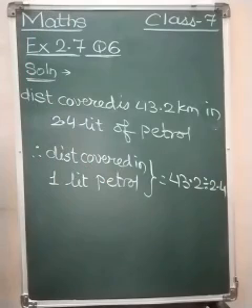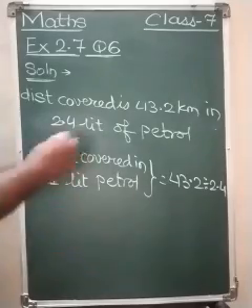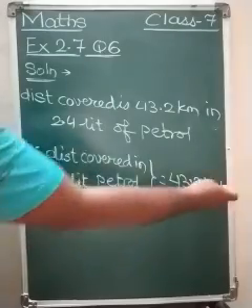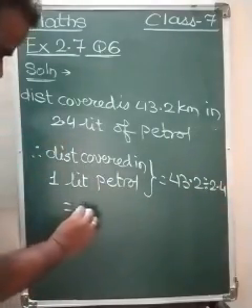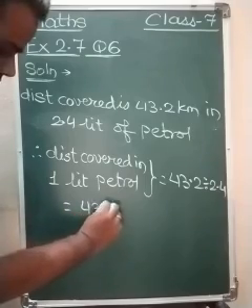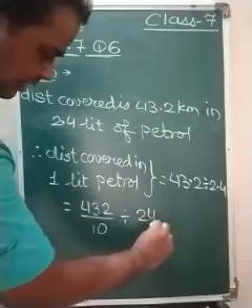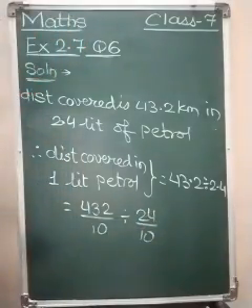What we have done? 43.2 divided by 2.4. So let's start solving. Easy now. The same way, only this much is the written part, rest all is same. So I will solve here. 432 upon 10 divided by 24 upon 10.